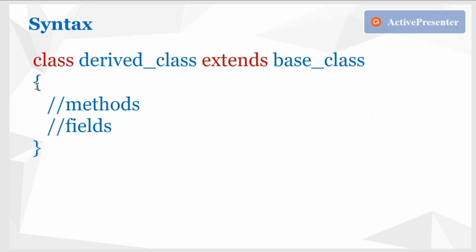This is the syntax of inheritance: class, derived class, extends, base class. So the derived class is the subclass and the base class is the superclass, and this is the extends keyword. Inside it we declare the attributes and methods.